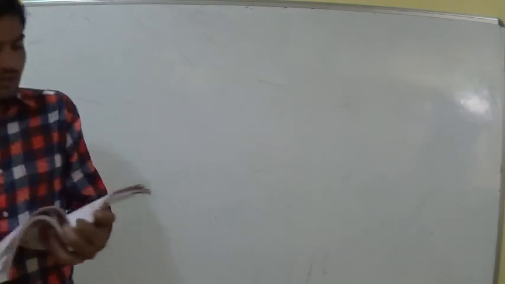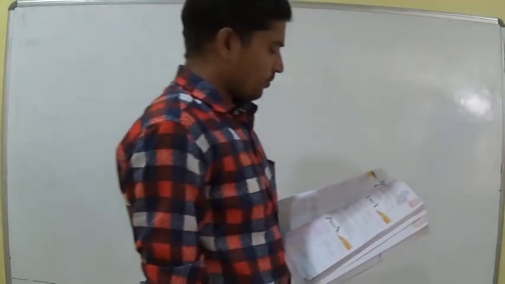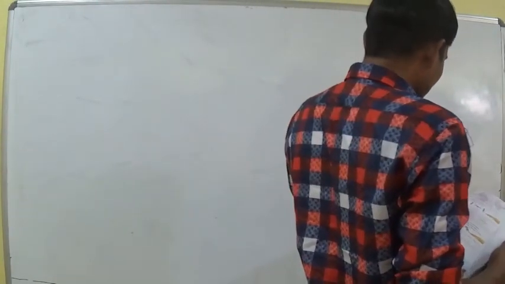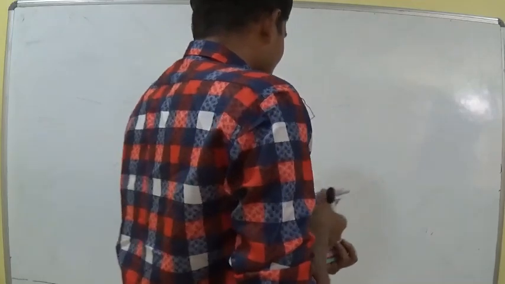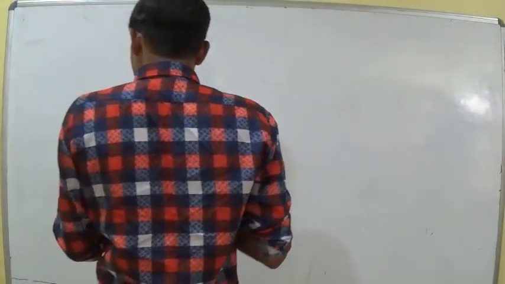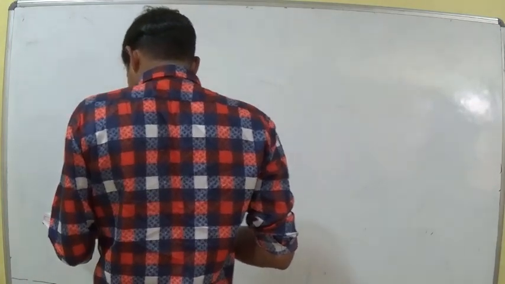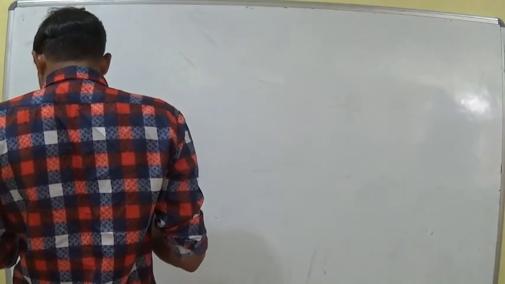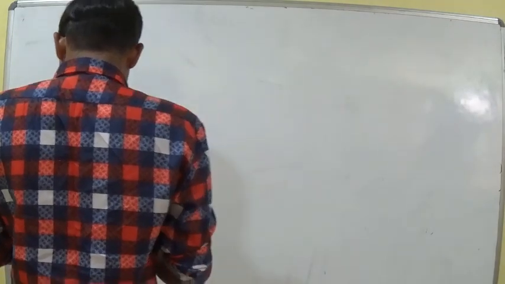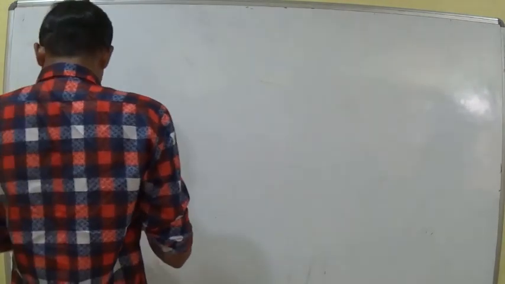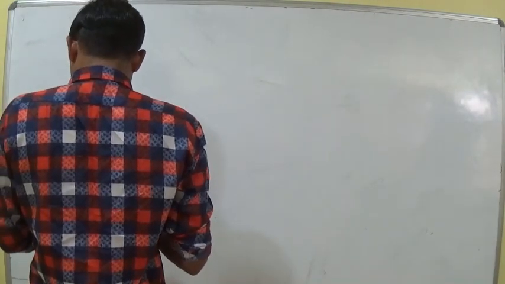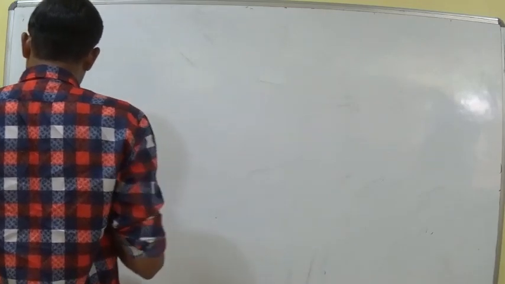The equation of the circle passing through the point is... third one.